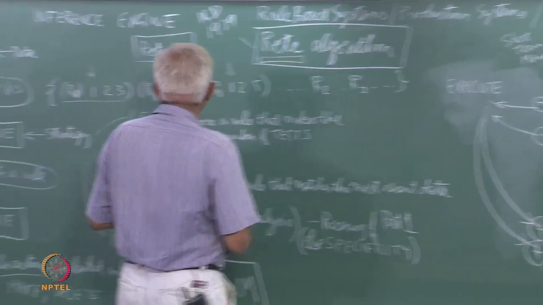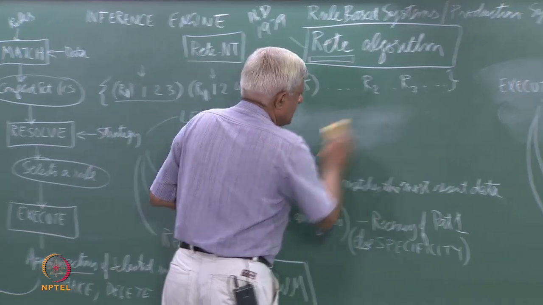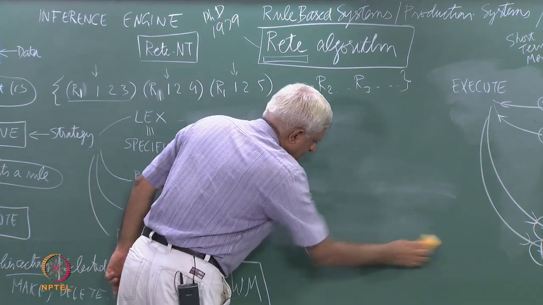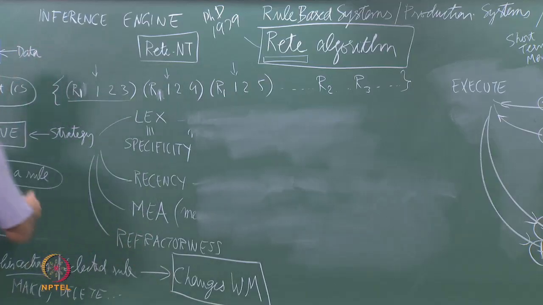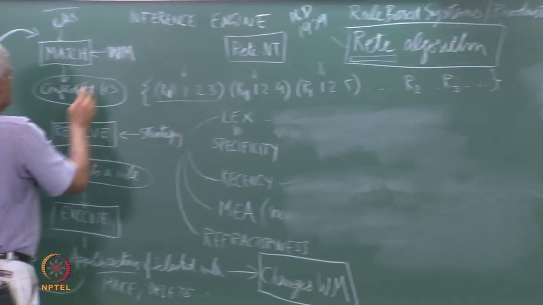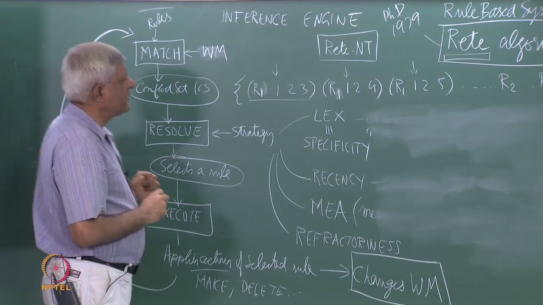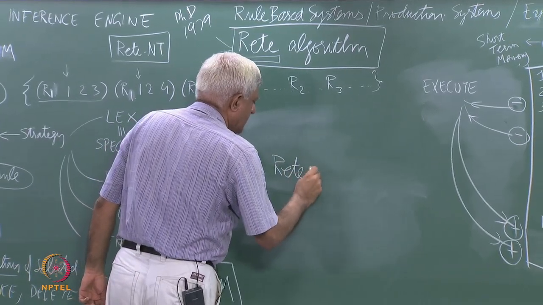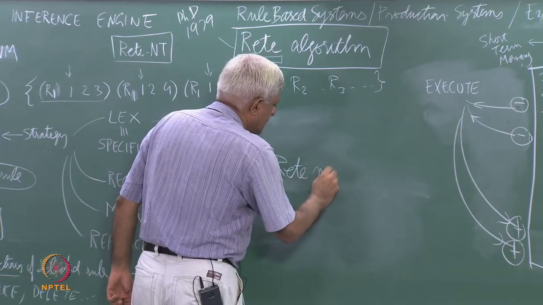So, essentially what the Rete does, so what is the match doing? Match is taking rules and data which is working memory and producing the conflict set. The Rete algorithm is an algorithm which uses a structure called the Rete.